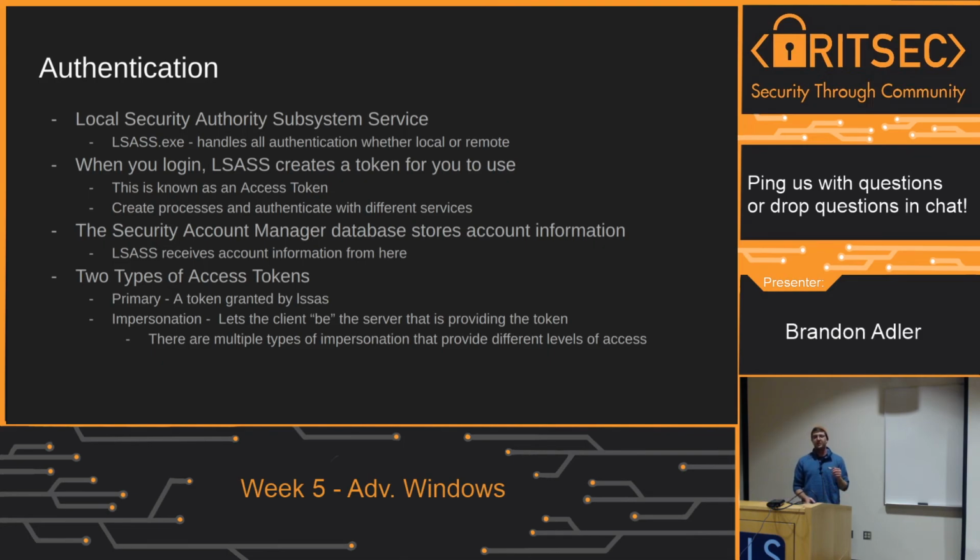So when you actually do that operation, like you try to write to a file in a privileged location, it's going to check your token to see if you have privileges to write to that location, because it has that in its database on the back end. And if it doesn't, it denies you access. So that's a big abstract topic when it comes to Windows authentication and permissions, actually.